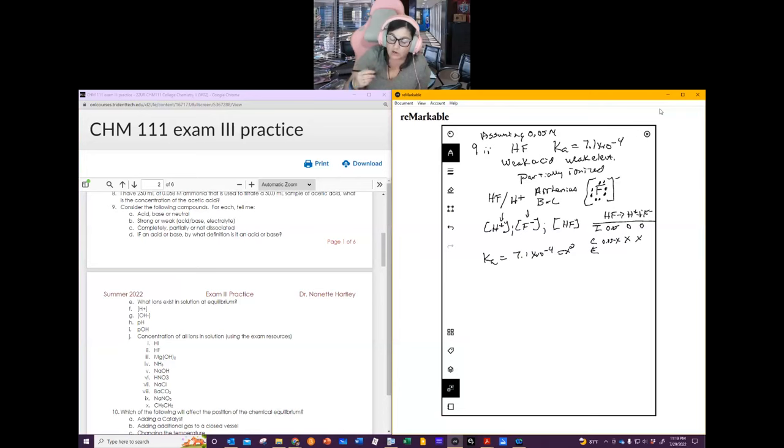All right. Now, if I don't know what the HF concentration is, then, oh, actually I can. I don't need to know what the concentration of HF is to tell you what this is going to be, right? Because I can take the square root of 7.1 times 10 to the minus fourth, and that gives me my x.